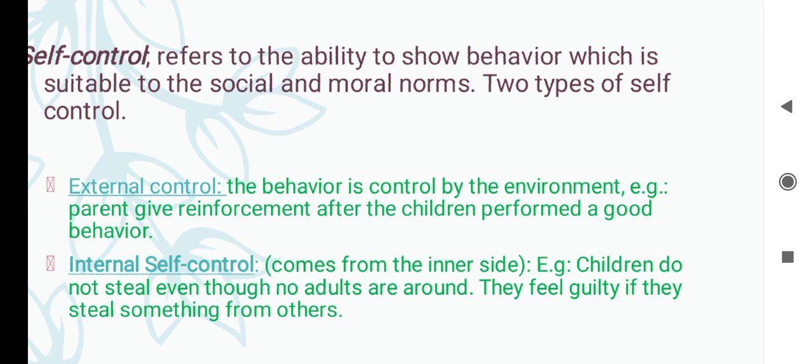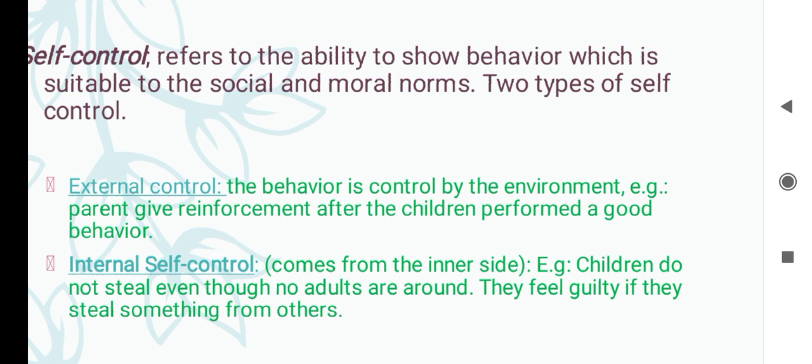So reward is external control, whereas internal self-control comes from their inner side, comes from themselves. For example, children do not steal even though no adults are around. They feel guilty if they steal something from others. So it means they're able to control themselves.